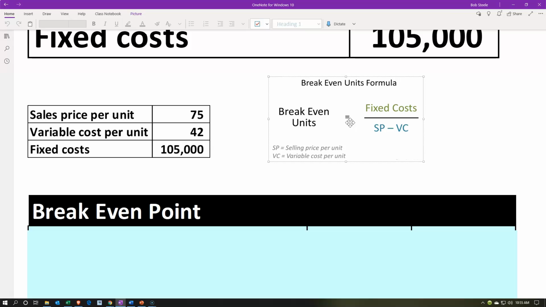This concept of contribution margin is something we have to get used to after a while, because it's not something we see in financial accounting. It is something we see in finance or in managerial accounting and management decision making.